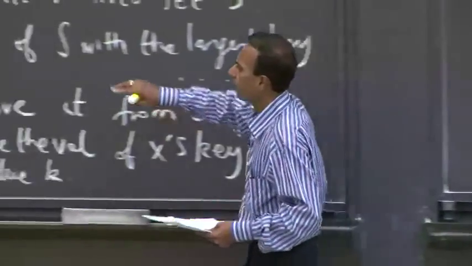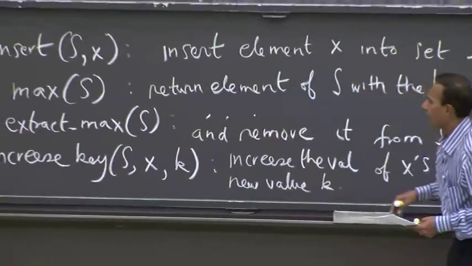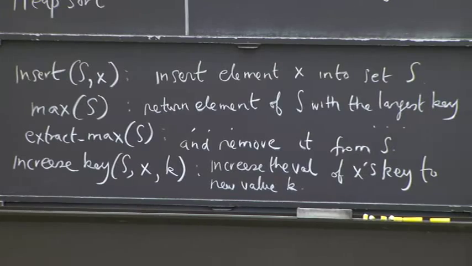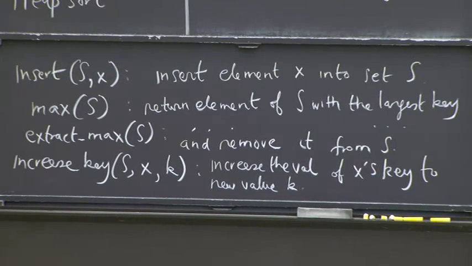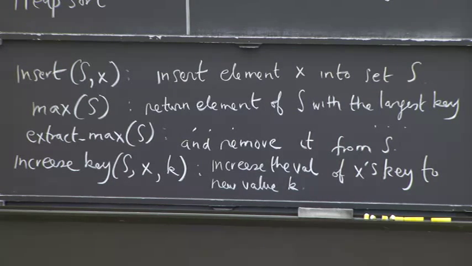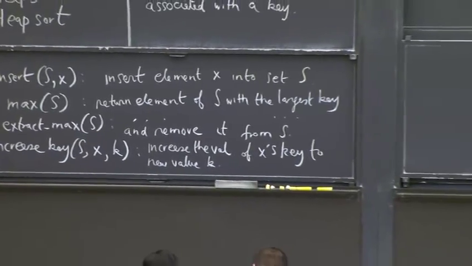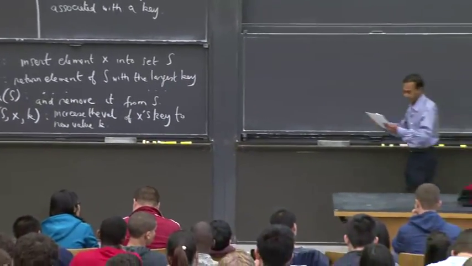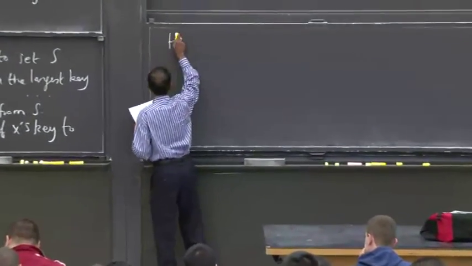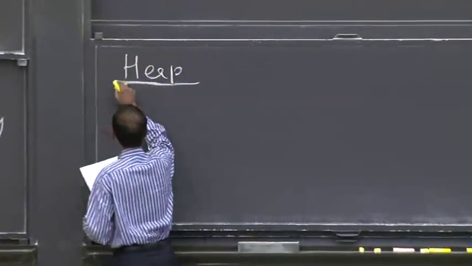I'm going to spend most of the time here talking about how you maintain a rep invariant of this data structure called the heap that allows you to do these operations in an efficient way. And we'll talk about what the efficiency is, and we'll try and analyze the efficiency of these algorithms that we put up. All right? So let's talk about a heap. A heap is an implementation of a priority queue.